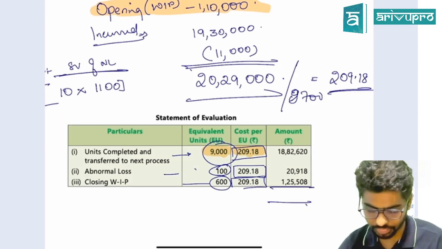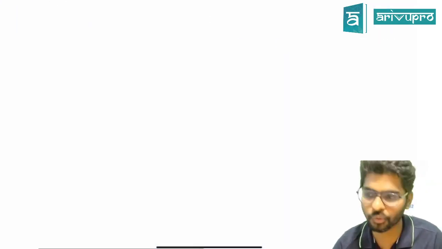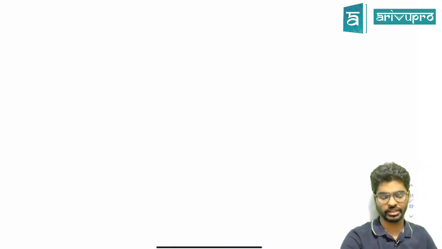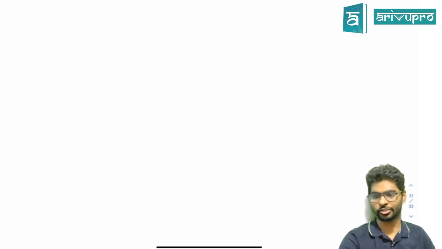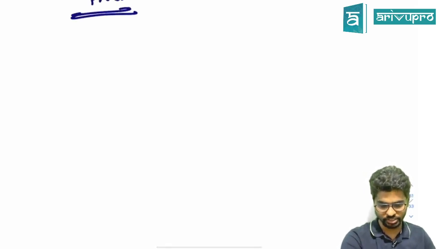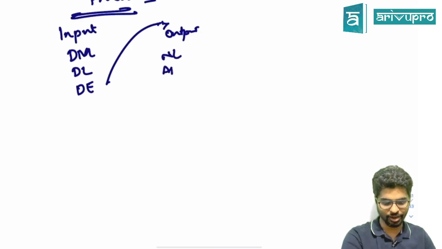Done? Okay. Now the last question is simple. What is that we are doing? See, when we are trying to transfer, if you see what we did under process costing till now, whatever was the cost under process 1, input came in, direct material, direct labor, direct expenses. This used to be my output, normal loss, abnormal loss.